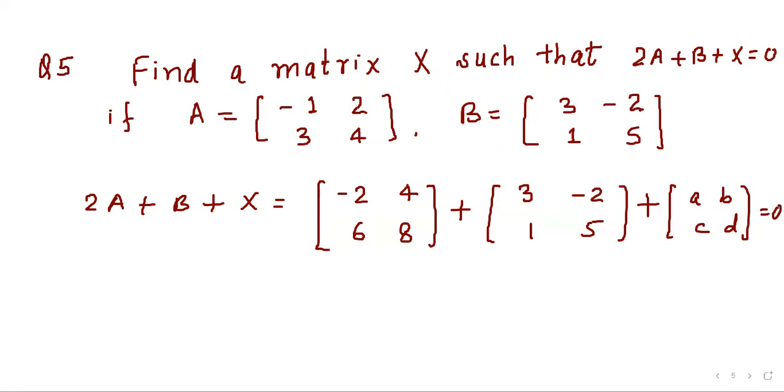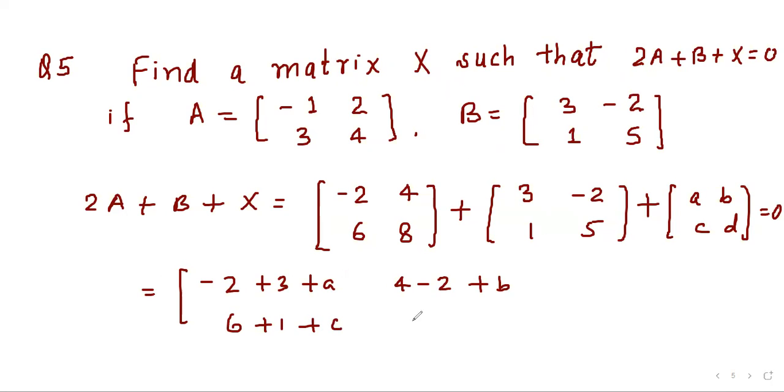And this is given 0. So we add corresponding values. So minus 2 plus 3 plus a, then 4 minus 2 plus b, 6 plus 1 plus c, 8 plus 5 plus d must be equal to 0, 0, 0, 0.